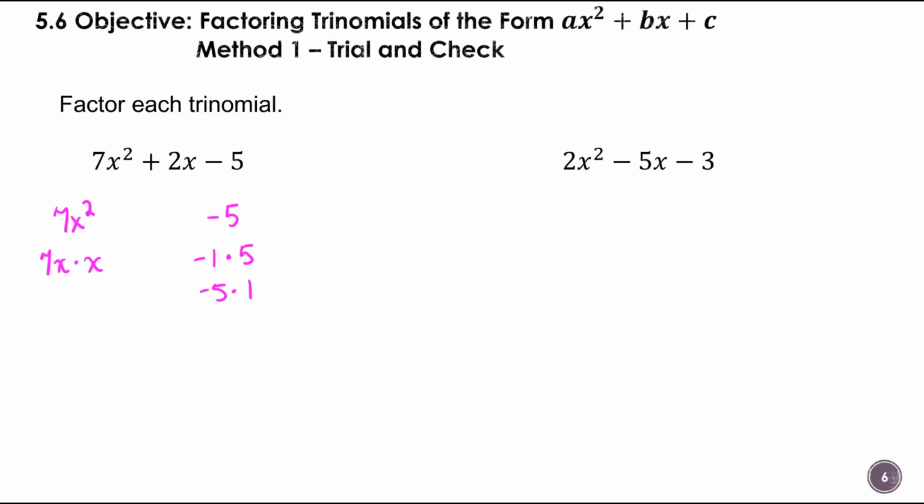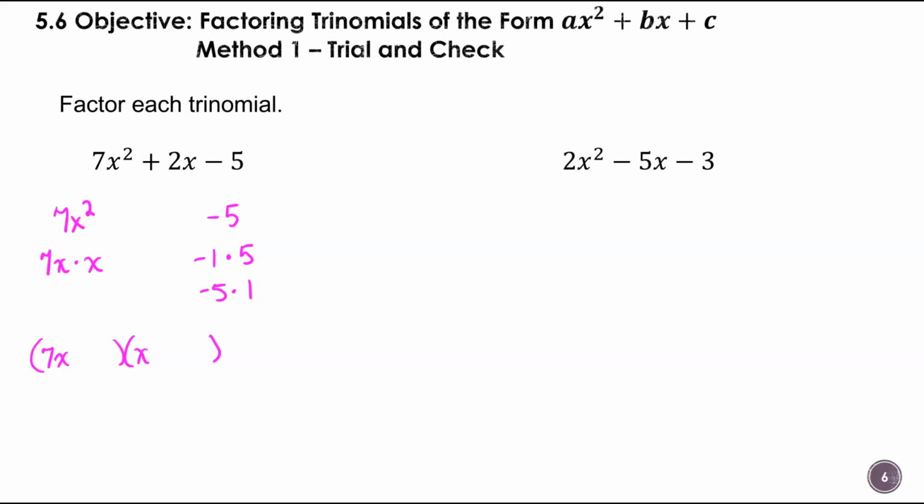Okay, so let's look at what we've got here. We know the first two terms are definitely going to be 7x times x. That's why I'm saying if you use only leading coefficients that are primes, then you won't have to figure out anything else. You'll only have the one pair that equals your x squared term.